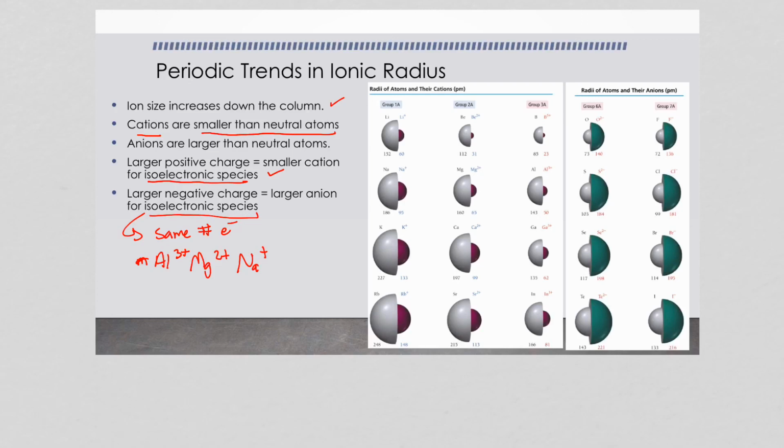Well, F-, O2-. Right? All of these ions are isoelectronic. They all have 10 electrons. And if you're comparing an isoelectronic series, the biggest positive charge is going to be the smallest.